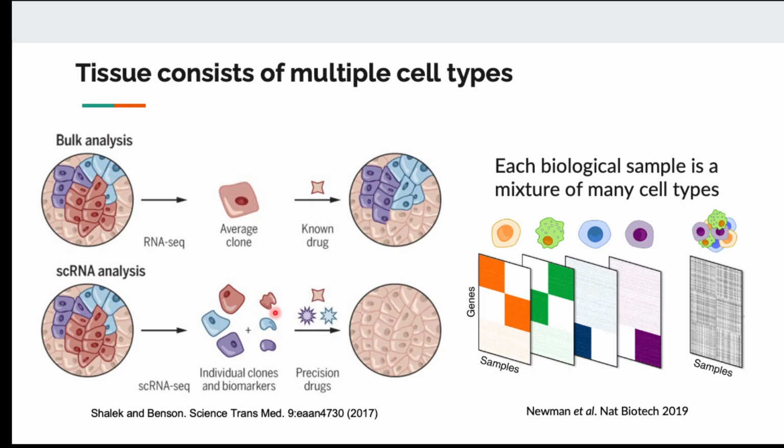So we can learn better about the biology, because each biological system is not a single cell type. Many of them consist of multiple cell types, and by being able to deconvolute or decode the composition of the cells, we can understand the system.